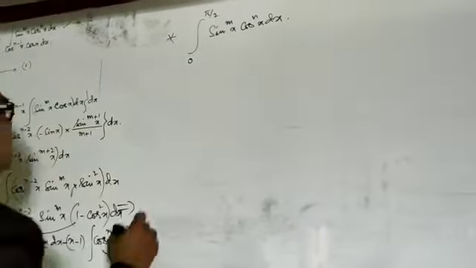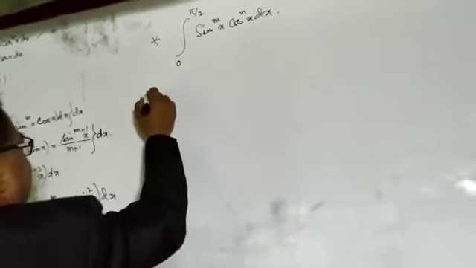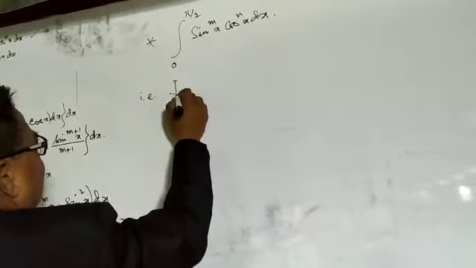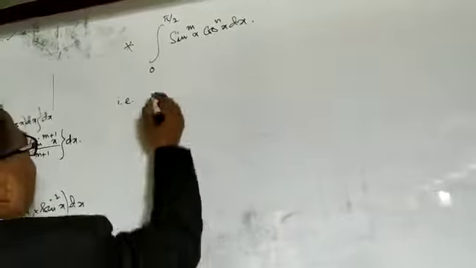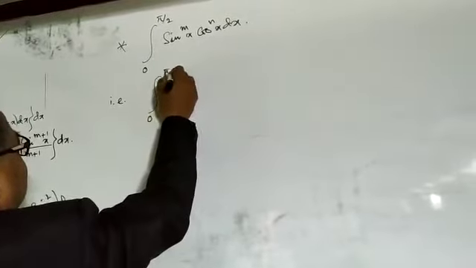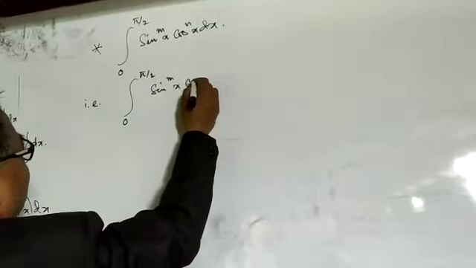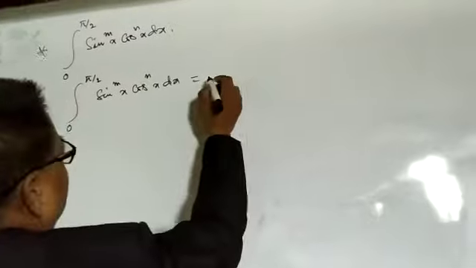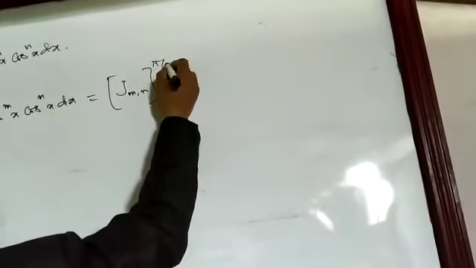What shall we do then? This will be j of mn. Integration of 0 to pi by 2 is nothing but j of m comma n, taking the limit from 0 to pi by 2.